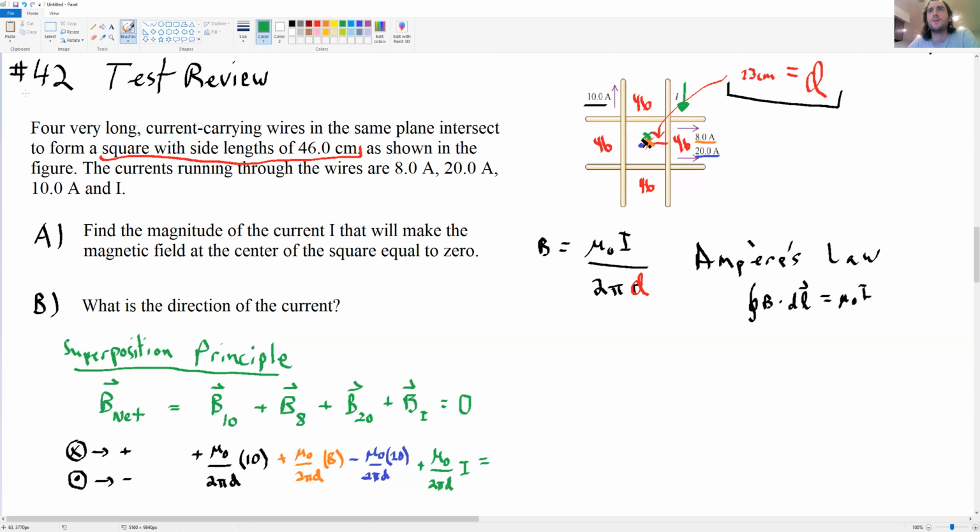So Professor, you mind explaining why the 20 amp is pointing out of the page? Yes, so if we look at the 20 amp is flowing in this direction, right?